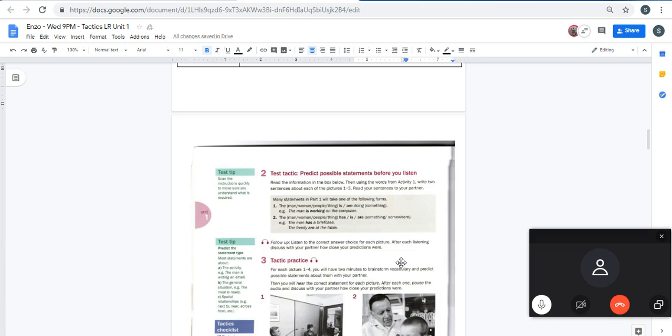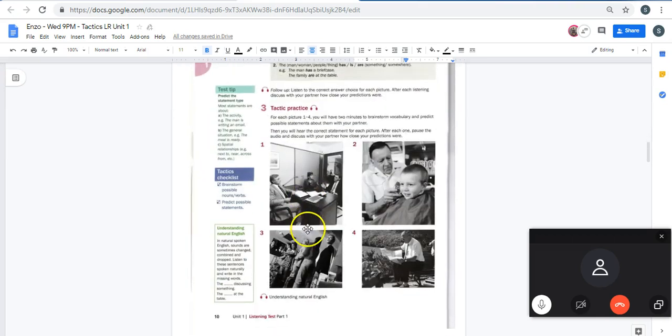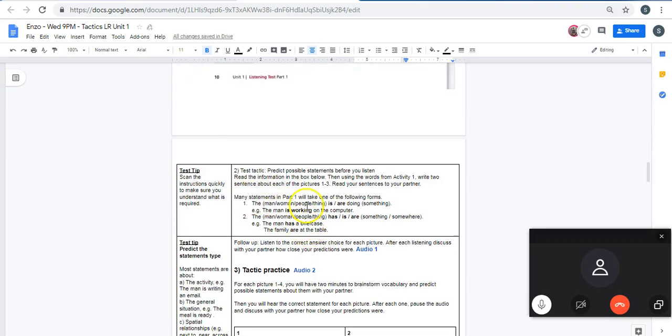Next, we're going to think of possible statements that will be given if we listen to the recording. Okay? So can you move to page 3? Okay, page 3.